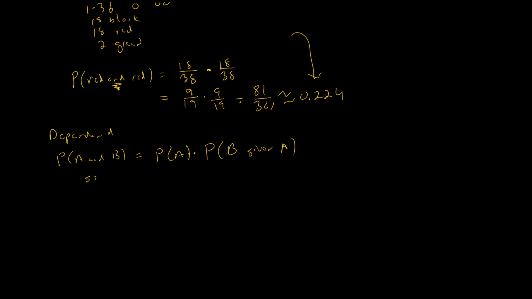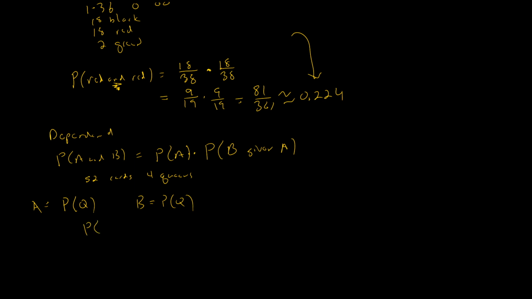So there's 52 cards in a deck, and 4 of them are queens. And so I will draw a card. What's the probability of drawing a queen on my first? That'll be A. And then I put the card back in and I reshuffle it. And what's the probability of drawing a queen again?